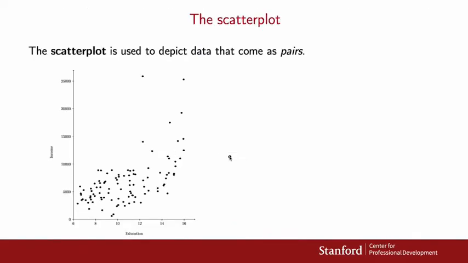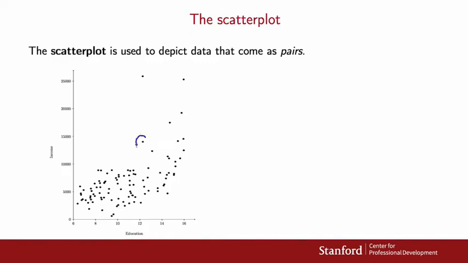Finally, let's look at data that consist of not just one number, but 2. That is, the data come as pairs. Those data are typically plotted in a coordinate system, which is called the scatter plot. The example here shows the years of education and the salaries for a number of people.